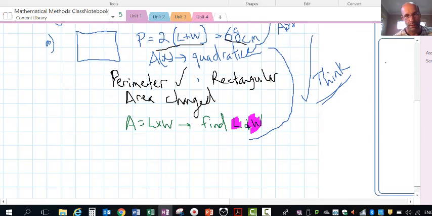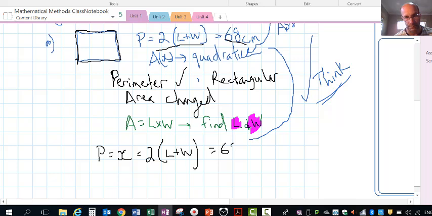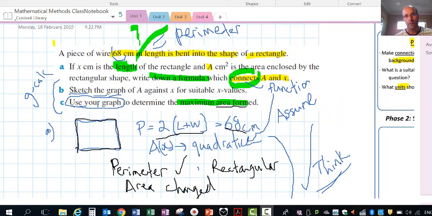Alright, so what we have then, P, which is actually, we've been told to use the symbol X for the length of the rectangle, which is actually the perimeter, because we've bent this wire around to make it closed. We're assuming it's a closed perimeter, closed rectangle, and that equals 2 lots of length plus width, whatever they are, and that comes out as 68. So X equals 68.